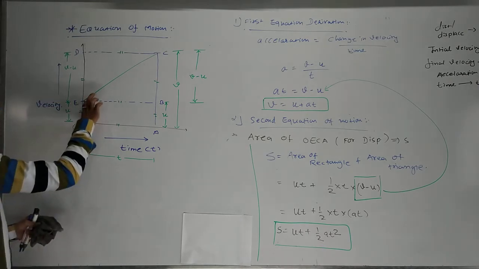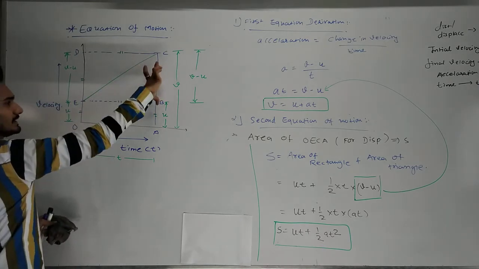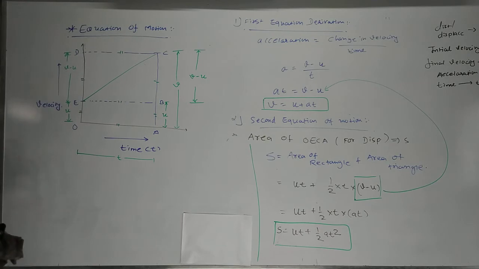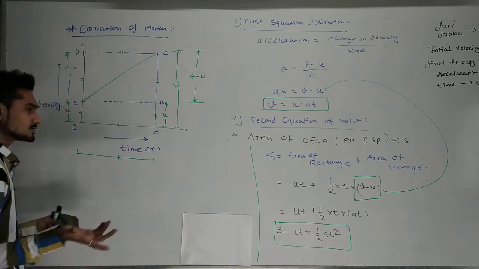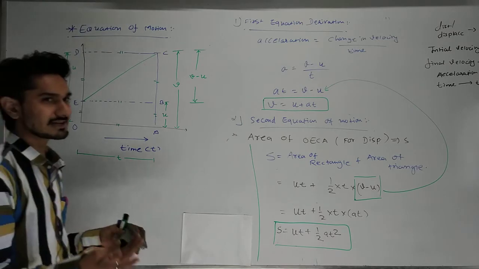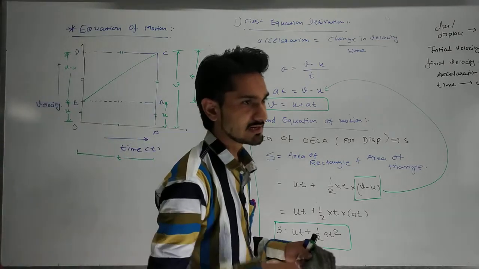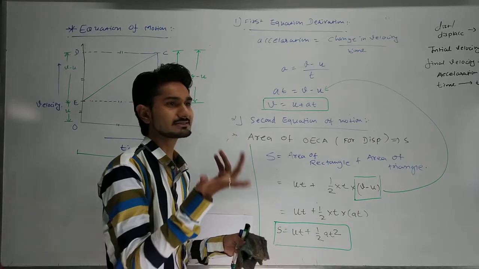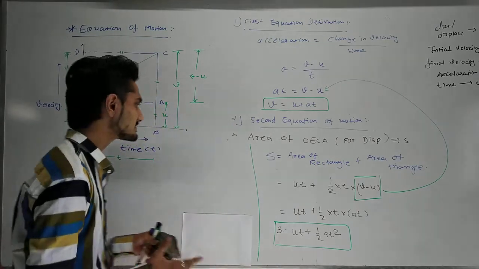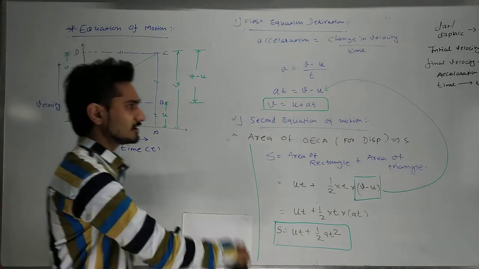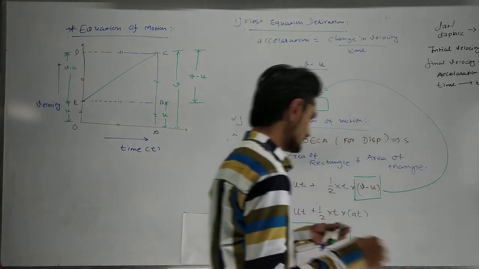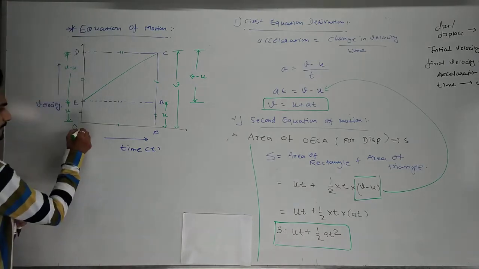You can see that it covers 4 sides, and they are not equal, and they are not at the same angle. When the 4 sides are not equal and not at the same angle, it can be said to be a trapezium. So we are going to measure this trapezium's area for the last equation, and that will be very easy.